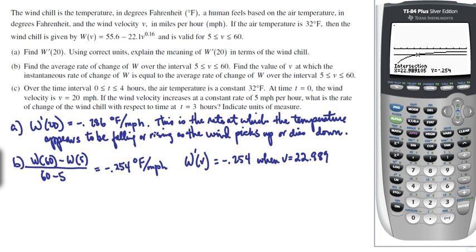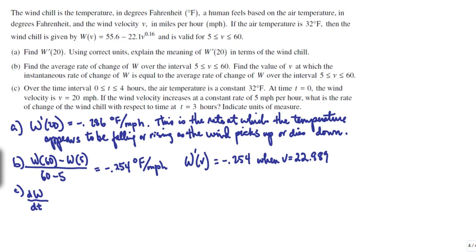So if you recall that wind chill is w of v, or we'll just say w here, and we're looking for the rate of change of w with respect to time. So I think it's fair to say that what we're looking for is dw dt, and what we're going to need to do is to take the derivative of w with respect to time. And it almost seems like a kind of related rates problem here.